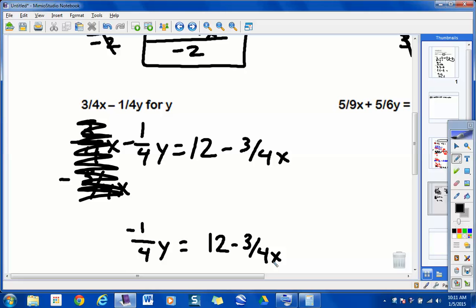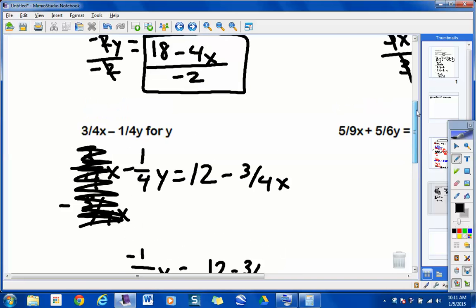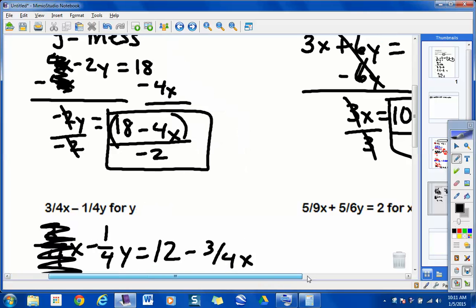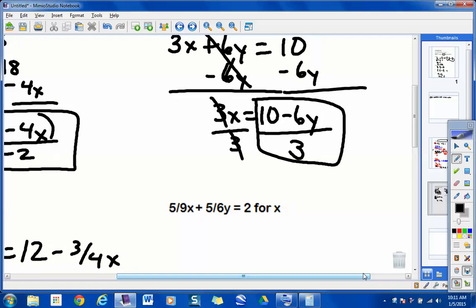Now, guys, up top here, when we did the division, to indicate that I was dividing everything by like a -2, I put a line all the way around it. This is like saying all of this mess up here in parentheses divided by -2. Or in this example, all of this mess, 10 minus 6y in parentheses, all divided by what? 3.